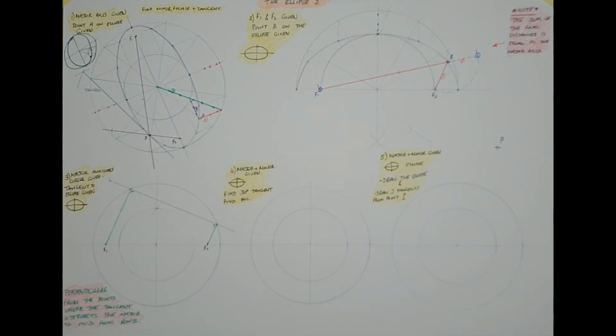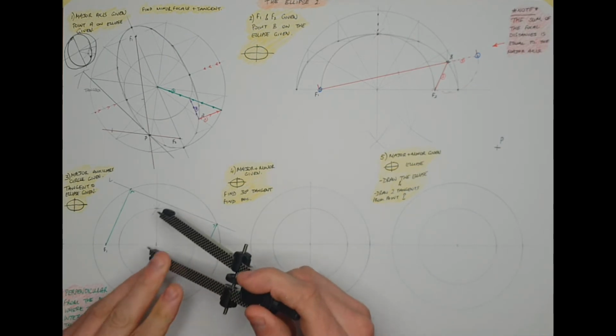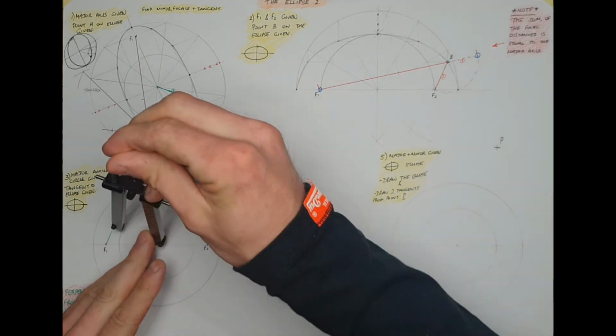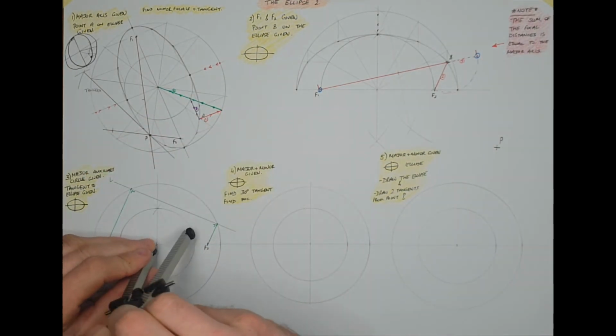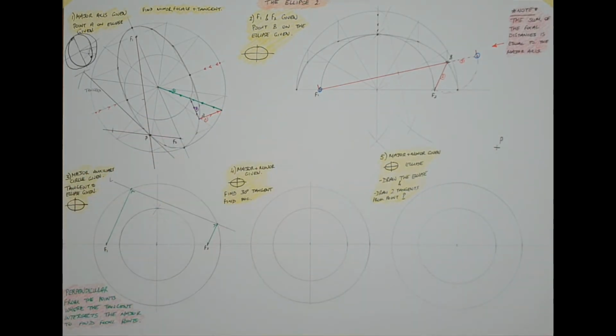Okay, so that's the minor auxiliary circle. I'll draw that a little bit heavier so that it definitely comes out clearly in the video. I'm going to quickly draw the ellipse because I need to find the correct point of contact as well.